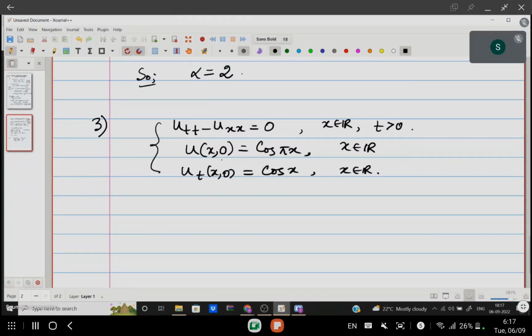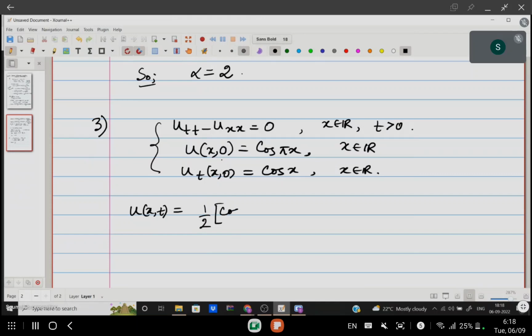What is the formula? Your voice is breaking, maybe some internet problem occurred. Can you tell again? U of x equals half of cos of pi x plus t.